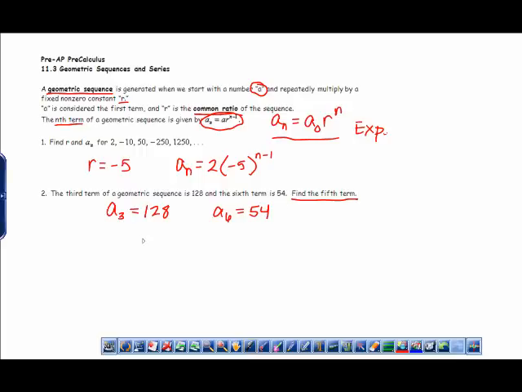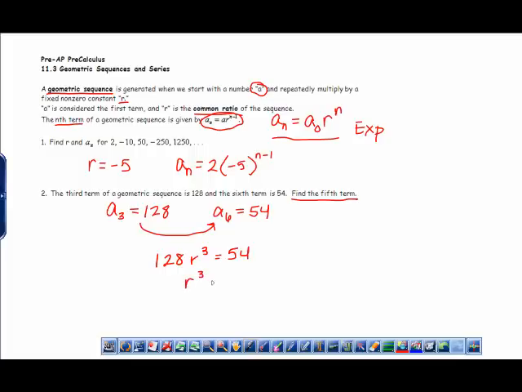I'm going to use algebra. So going from the third term to the sixth term, how many times are you going to be multiplying by r? 3 times. So 128 times r cubed, because it's times r times r times r, is going to be equal to 54. This is just a more systematic way of solving it.